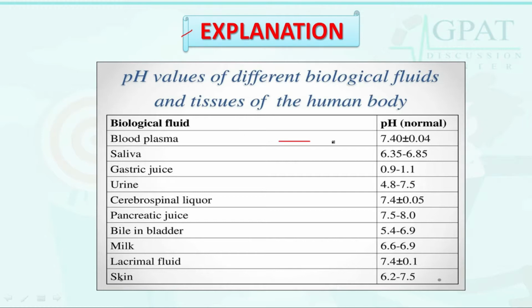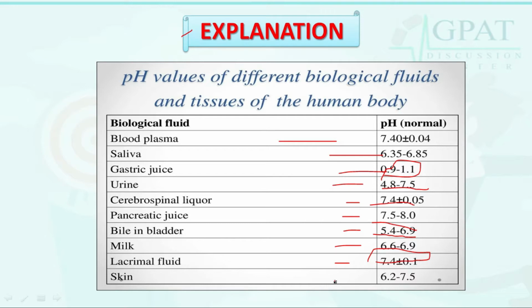For example, blood plasma has 7.42 plus minus 0.04, saliva has 6.35 to 6.85, and gastric juice has 0.9 to 1.1, and urine has a pH of 4.8 to 7.5, and cerebrospinal fluid has 7.4 plus minus 0.05, whereas pancreatic juice has 7.5 to 8, and bile in the bladder has a pH of 5.4 to 6.9, whereas milk has 6.6 to 6.9 pH, and lacrimal fluid, which is asked in the question, is 7.4.